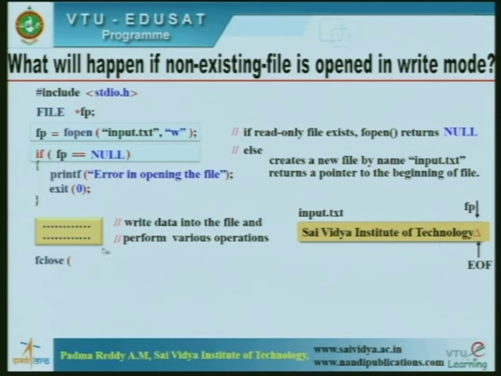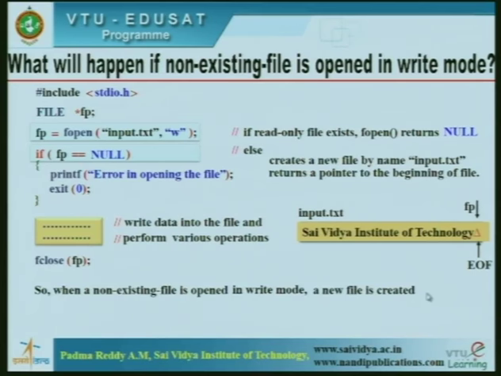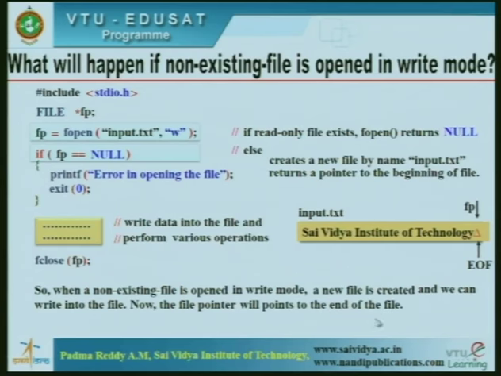Now finally, after doing all the operations, we can close the file. So when a non-existing file is opened in write mode, a new file is created and we can write into the file. Now what will happen? The file pointer will point to the end of the file. See here, the file pointer points to the end of the file.